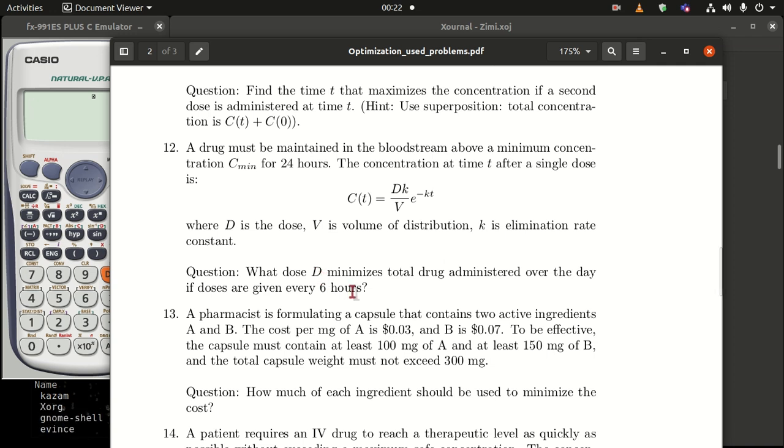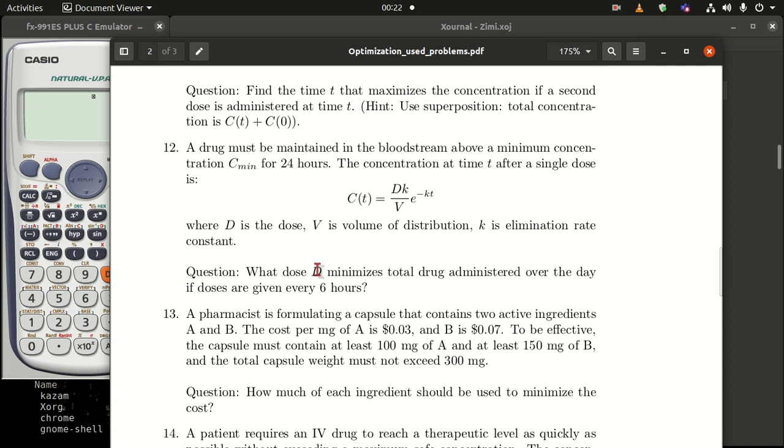we want to find out how much of the dose we should give so that the concentration is always above the minimum concentration, and at the same time we want this dose to be as small as possible.